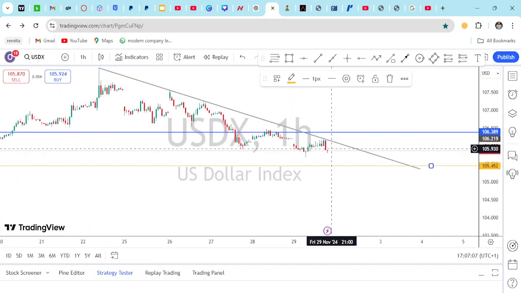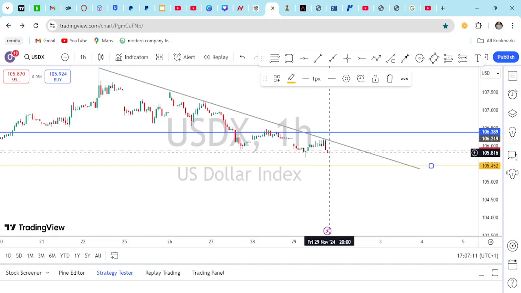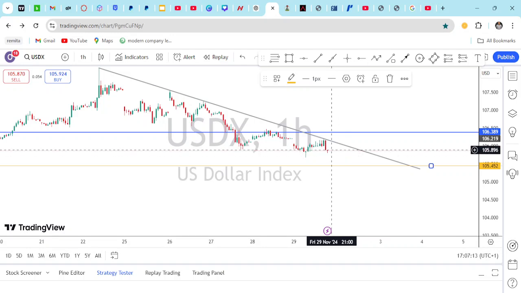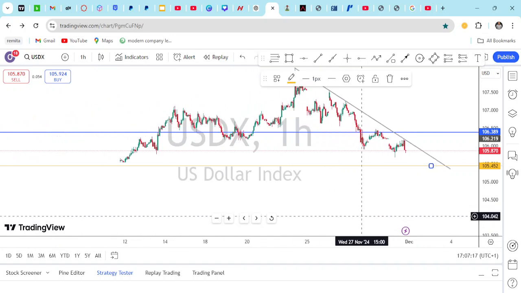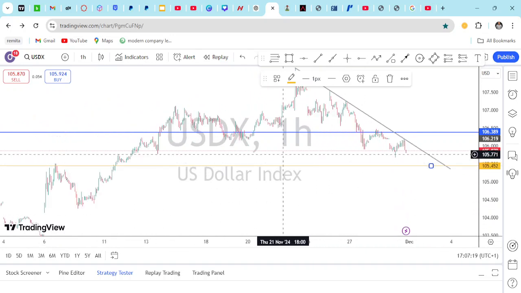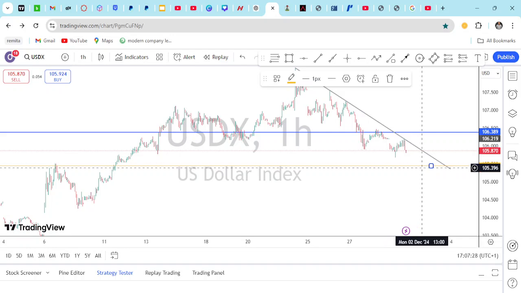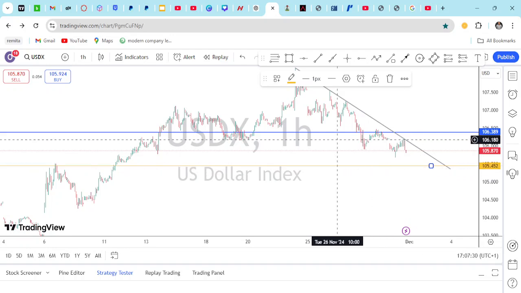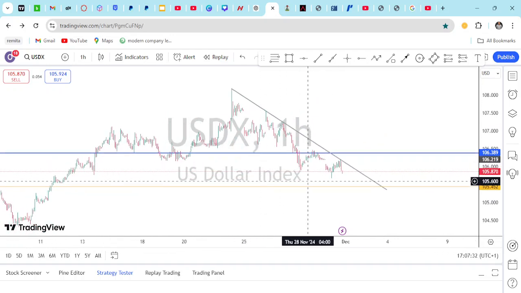This is a bearish engulfing. So I'm expecting the dollar index to fall even more before taking any further movement up. You see, it's also currently sitting on a support line, which most likely is going to break and fall down. So I am technically bearish on the dollar.